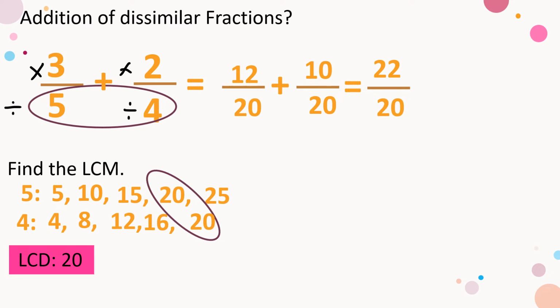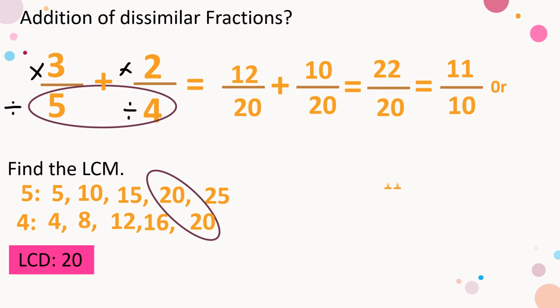Then you can change to mixed numbers by dividing 22 by 20, or you can also reduce first to lowest terms by dividing both numerator and denominator by 2. 22 divided by 2 is equal to 11, and 20 divided by 2 is equal to 10.